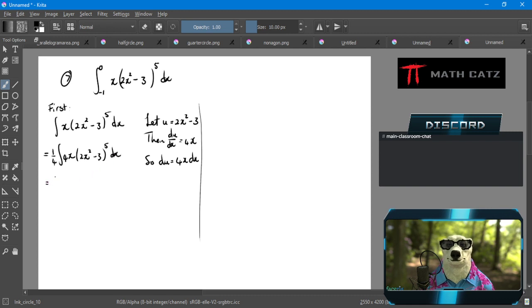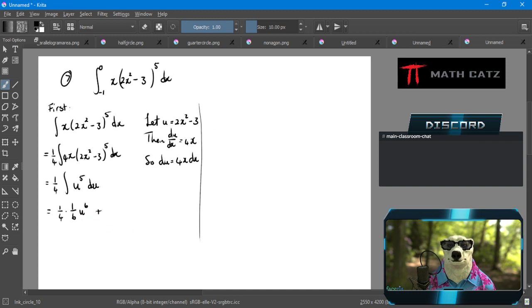So now I have my 1 over 4. I'm able to rewrite the whole integral in terms of u as u to the 5 and du. I can then easily find an antiderivative as u to the 6, 1 over 6. Now I don't care about the constant because I am coming back.